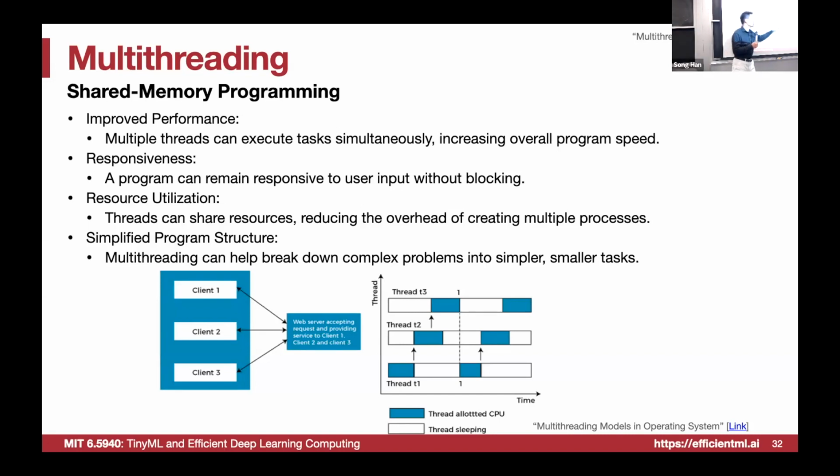It can also get context switched to serve a different client. So we are utilizing the available resources very well, since not all the time clients 1, 2, 3 need serving. When client 2 is idle, we can serve client 1 or client 3.